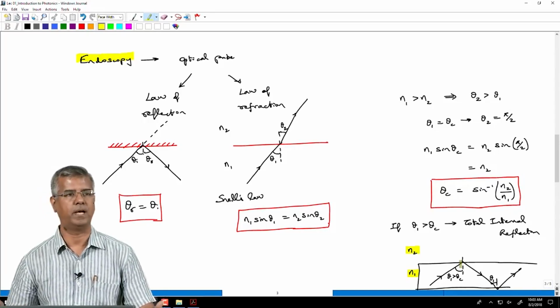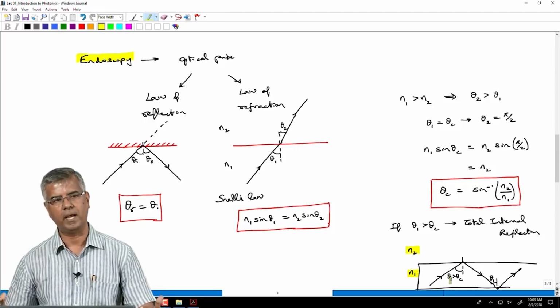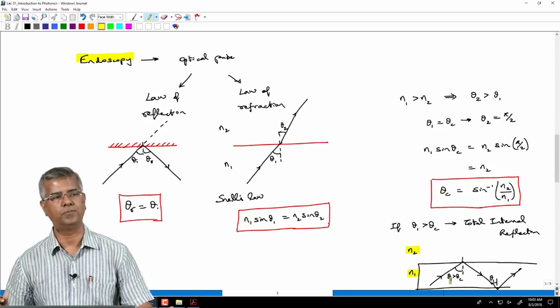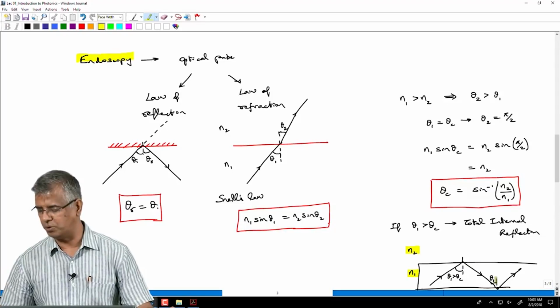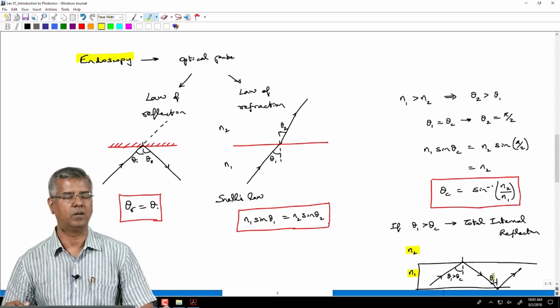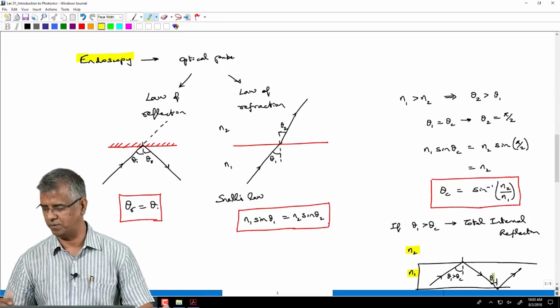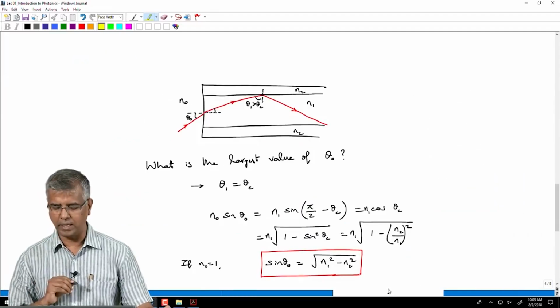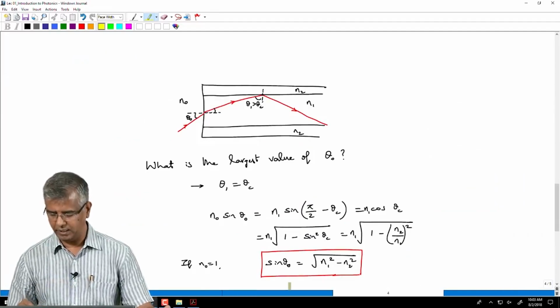And then if you have a consistent structure where you have this interface between N1 and N2, and those two interfaces are parallel to each other, then we will have consistent guiding of light within this structure. So let's go on and look at this in a little more detail.